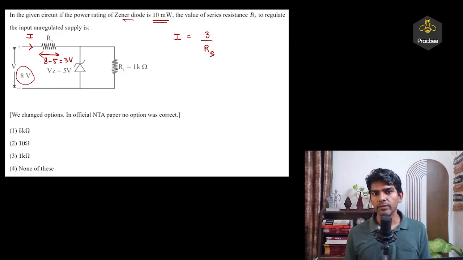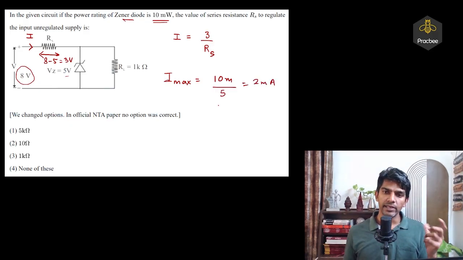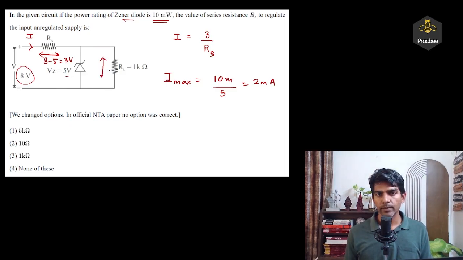So first let us find the maximum Zener current. So I max will be power over Zener voltage, which is 5 volt. So that comes out to be 2 milliampere, right? So the maximum Zener current is 2 milliampere, and across this load the voltage will be 5 volt. So we can find the load current, which is fixed.